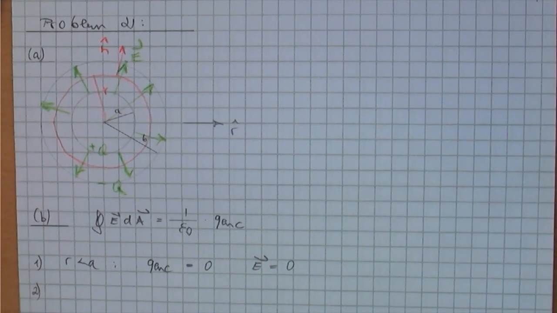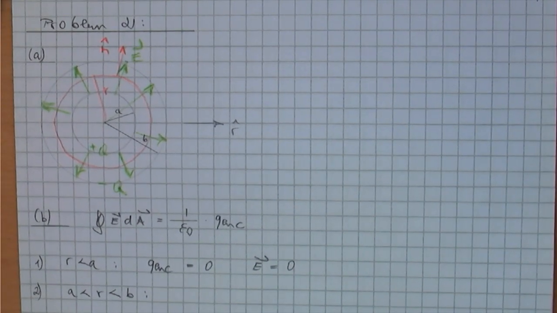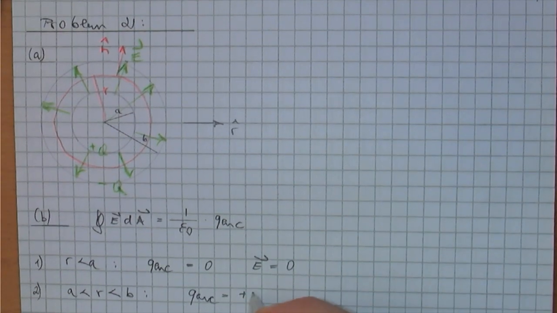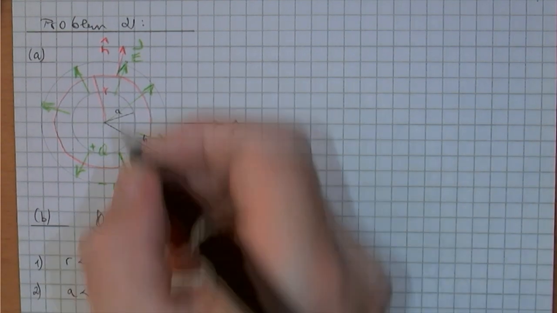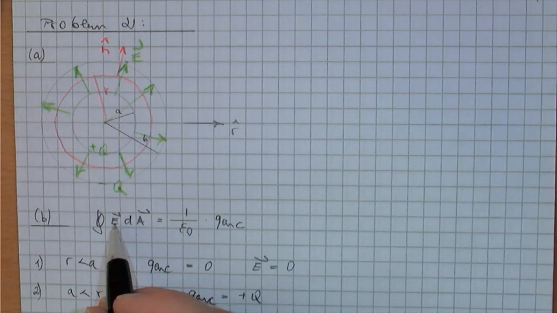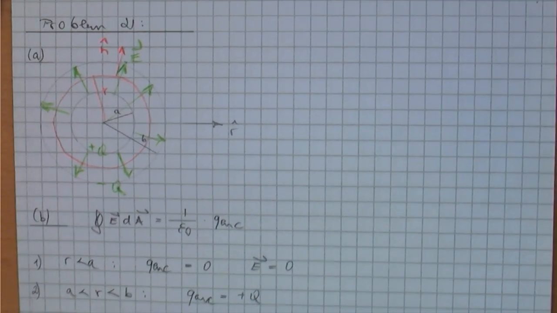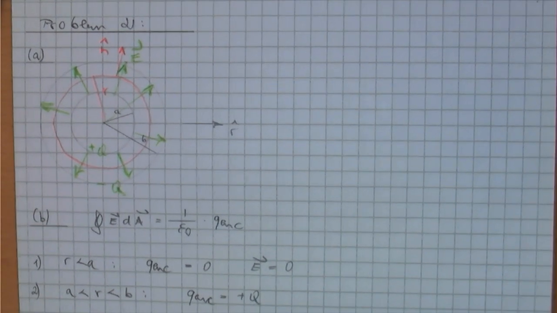Secondly, between A and B, what do we have now? The enclosed charge is now plus Q. On the left-hand side, E and dA at every point are parallel vectors, so the vector E dotted with the vector dA is simply E dA.